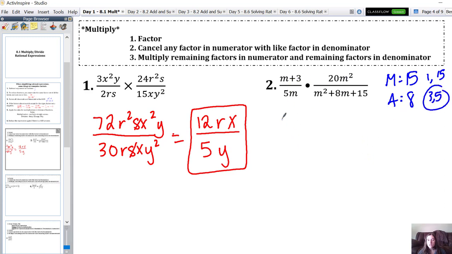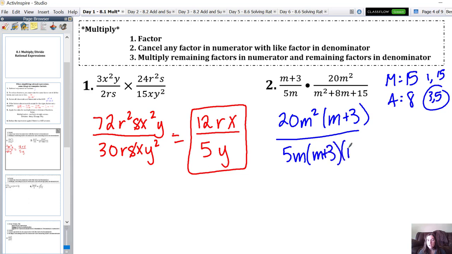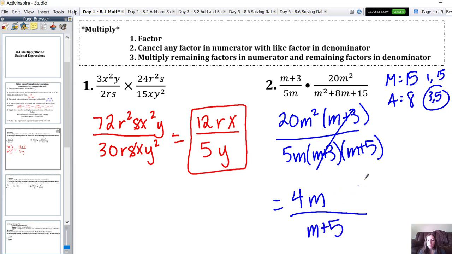So now when I multiply across, on top I have 20m squared times m plus 3 over 5m, and then now the factored form of that trinomial is m plus 3 times m plus 5. 20 divided by 5 is 4, so I have a 4 on top. M squared divided by m is m. M plus 3 over m plus 3, I have two of the exact same factor, so I can get rid of both of those. And then I have an m plus 5 on the bottom. There is our simplified fraction.